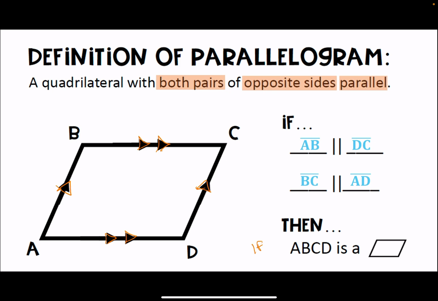So if ABCD is a parallelogram, then AB is going to be parallel with DC, BC is going to be parallel with AD. All right, so you'll want to remember these parallel lines because guess what? You are going to be using alternate interior angles, alternate exterior, same side interior. They're back. They're never leaving.